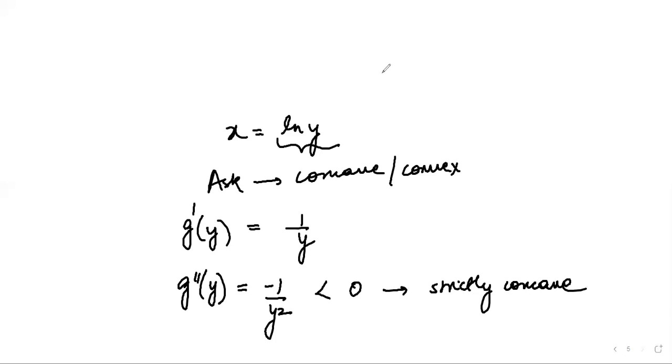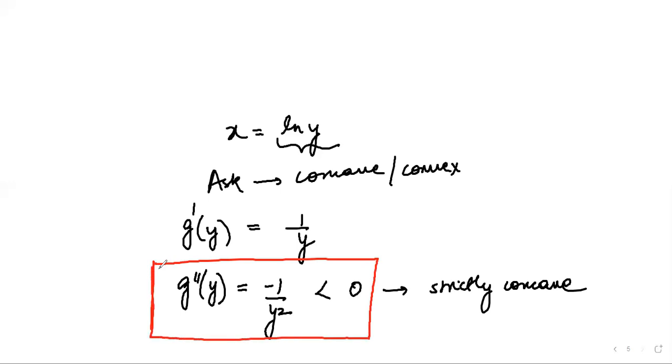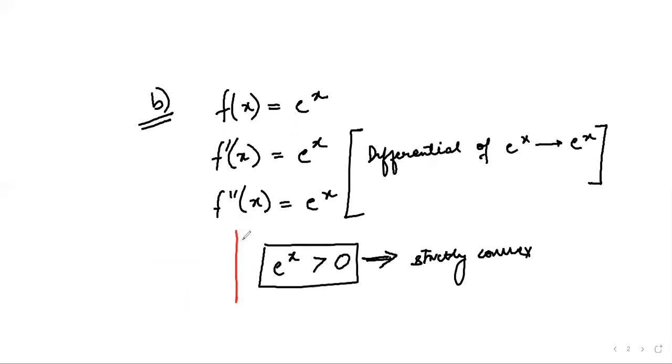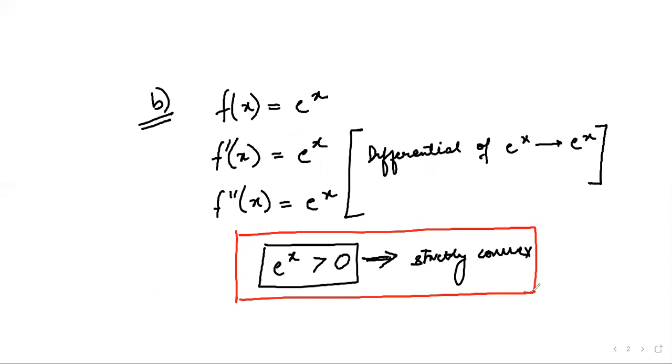This is the inverse function. So the inverse function is strictly concave when the actual function was strictly convex. Let's take another case and let's see if this actually holds true.